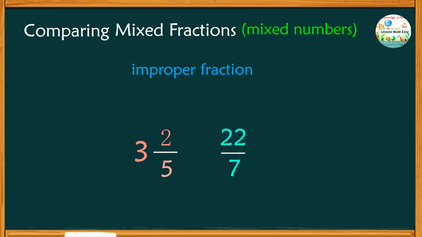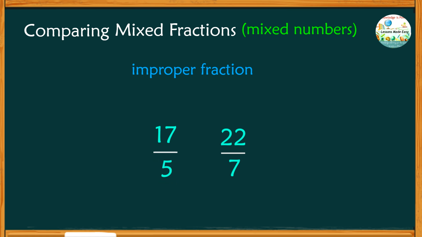In doing so, we multiply the whole number, which is 3, with the denominator of 5, and the product, which is 15, is then added to the numerator, that is 2. And altogether, we get a total of 17. Use this number as the numerator and keep the same denominator, that is 5. We now have 17 over 5.